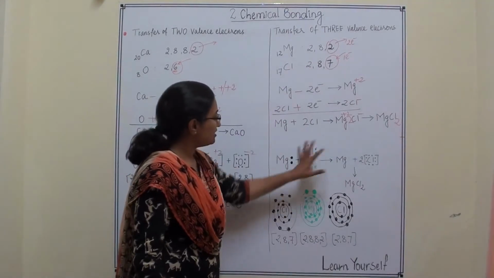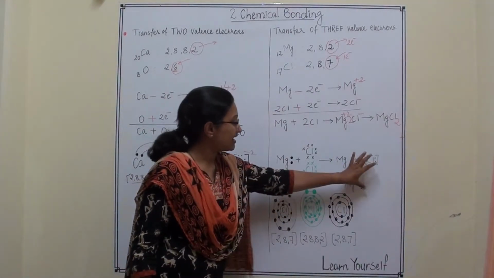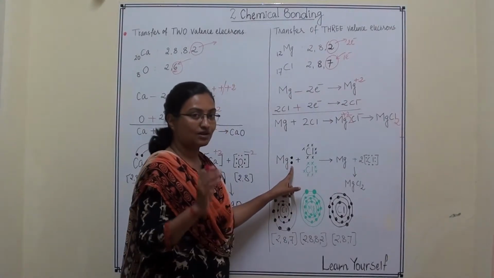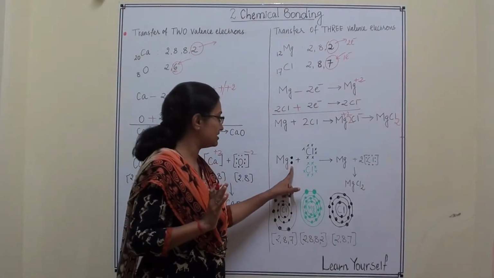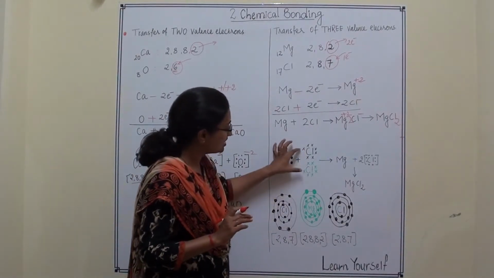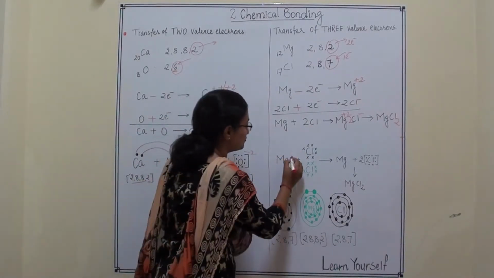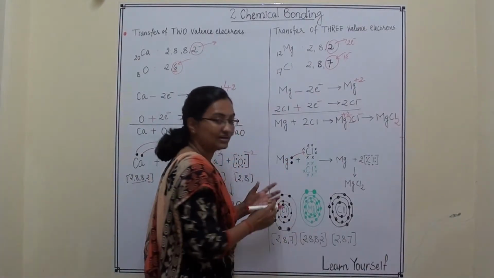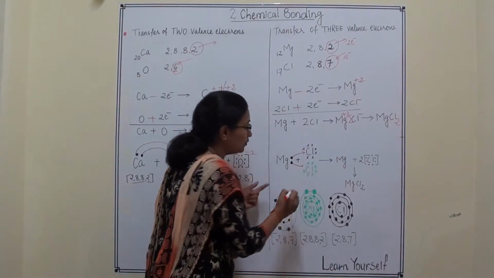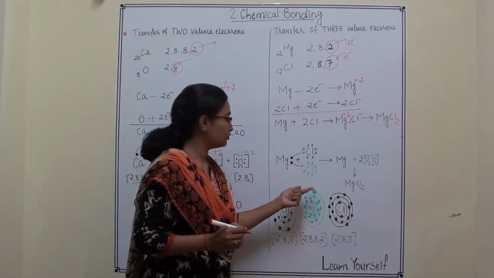The same thing we will represent on the dot diagram, Mg with 2 electrons. In the dot diagram we are only representing valence electrons. So these 2 electrons will be absorbed by 2 different chlorine atoms. 1 electron will be absorbed by 1 chlorine, and the other electron will be absorbed by the other chlorine atom.